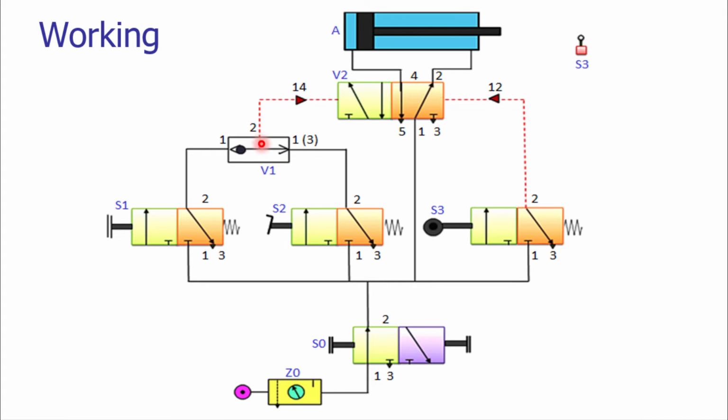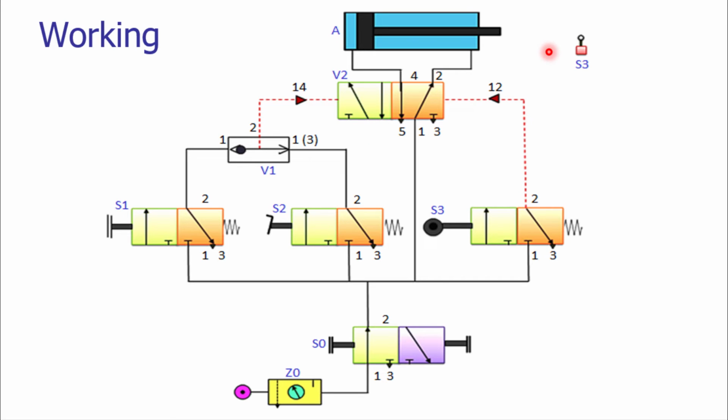And the input from the shuttle valve is given to the direction control valve. So this is DCV. This is a 4x2 DCV. Although the number of ports shown here is 5, the 5 and 3 are the vent port, the exhaust port. So we are considering 5 and 3 as a single port only. Two positions are given for the DCV.